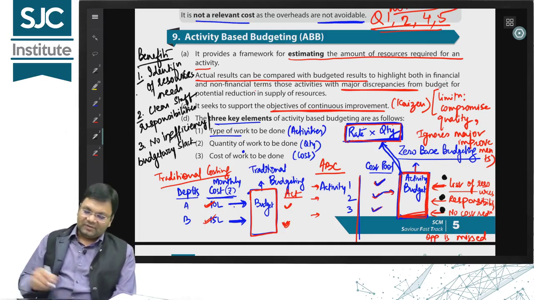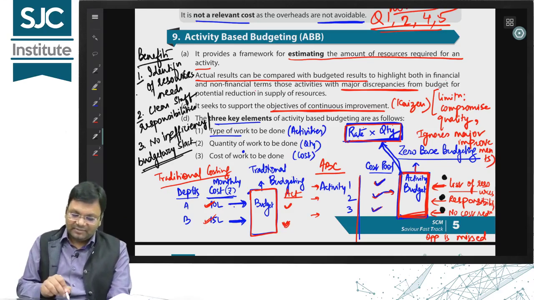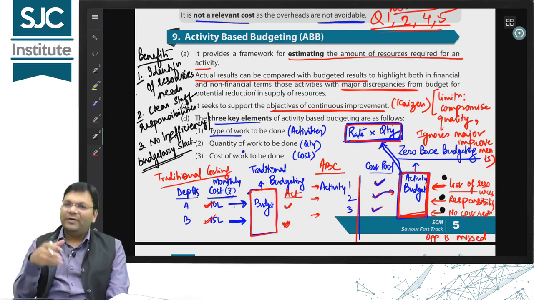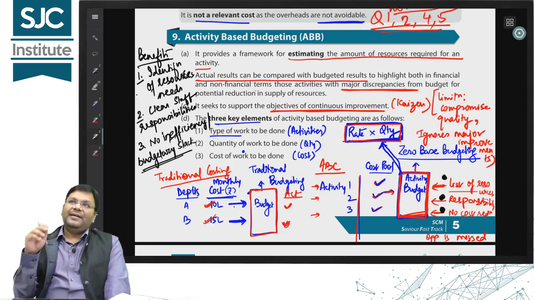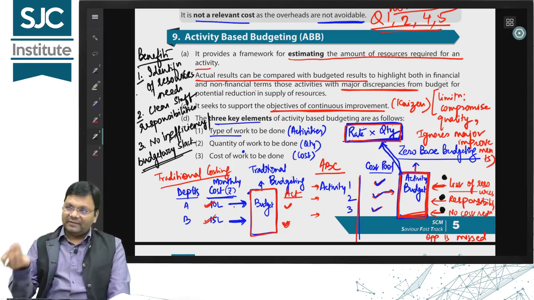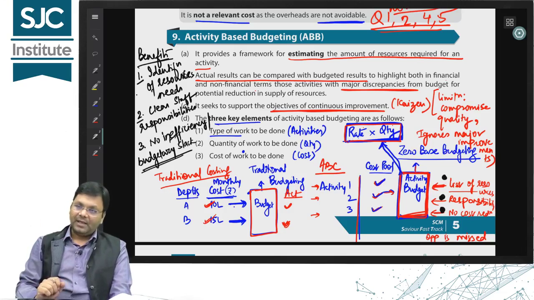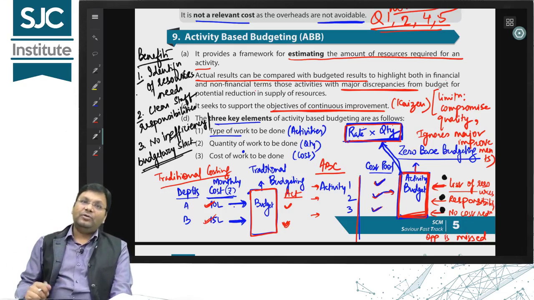Now there is a term specifically used in the budgeting system, which is budgetary slack. What is it? I'll just clarify. We will do it again in the budgetary chapter. Budgetary slack is whenever we ask our lower level managers or executives to give us an estimate of the cost that will be incurred in their department or activity for a certain period, they usually have a tendency to inflate the cost and submit it to the higher authorities.